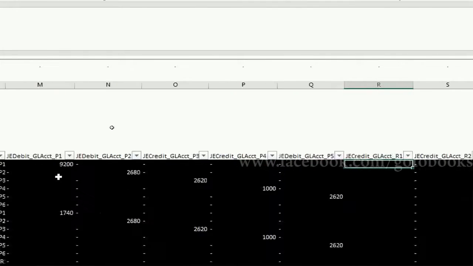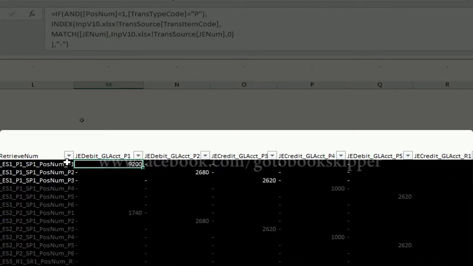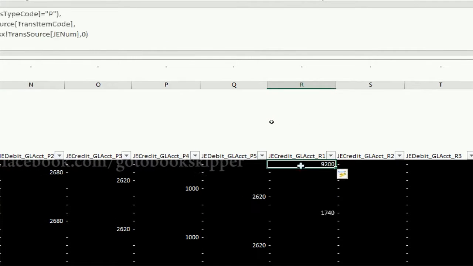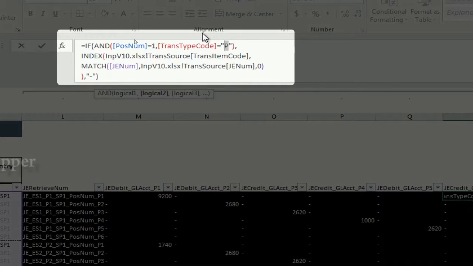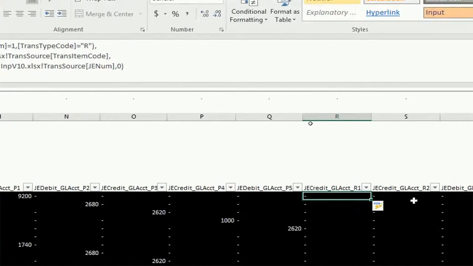Since it is very similar to the purchase, we simply Ctrl+C copy and Ctrl+V paste the purchase transaction position 1. And we replace the trans type code to capital R. Enter. Let's see what we get.